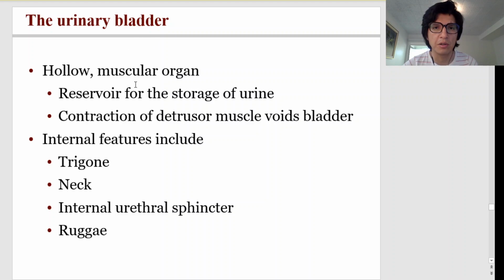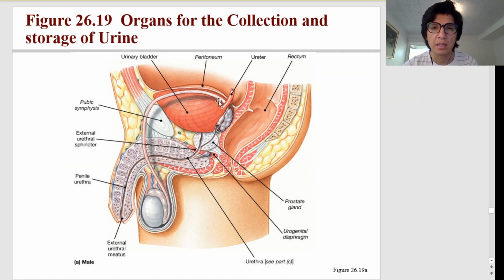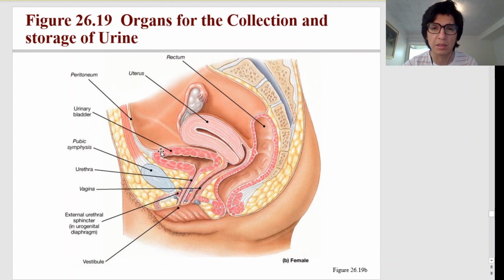You also have the urinary bladder, which acts as a reservoir. These are some of the components: the trigone, neck, internal sphincter, and rugae. This is the male urinary bladder, and this is the female urinary bladder.